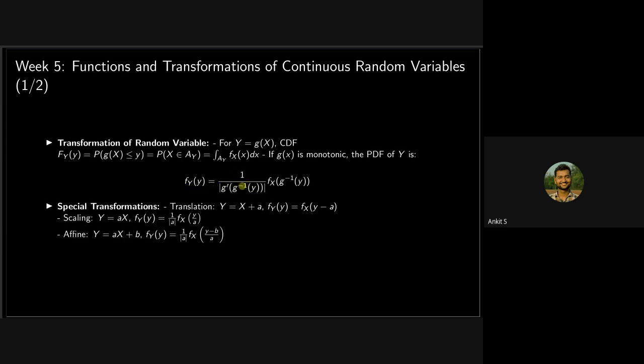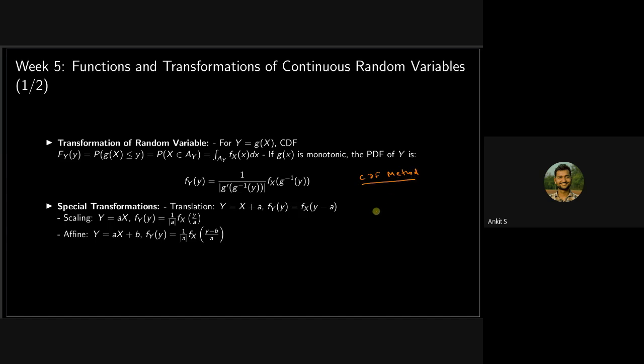But when the function that you're considering is not monotonic and differentiable at every point in the support of x, then you will have to use a longer method that was informally called the CDF method.